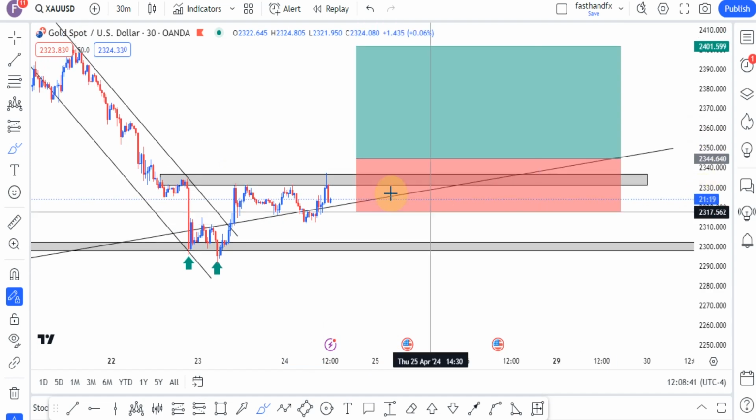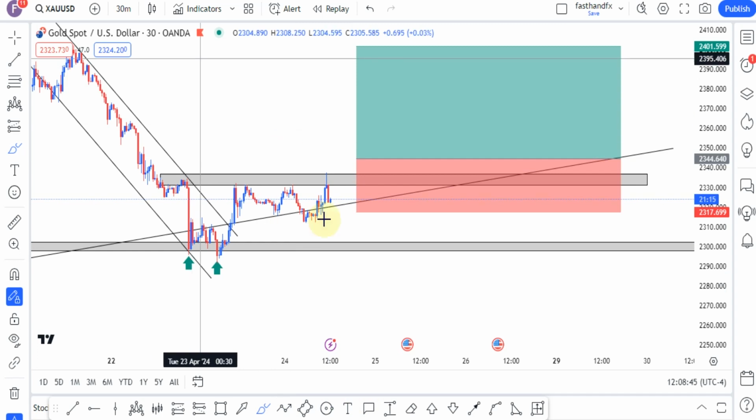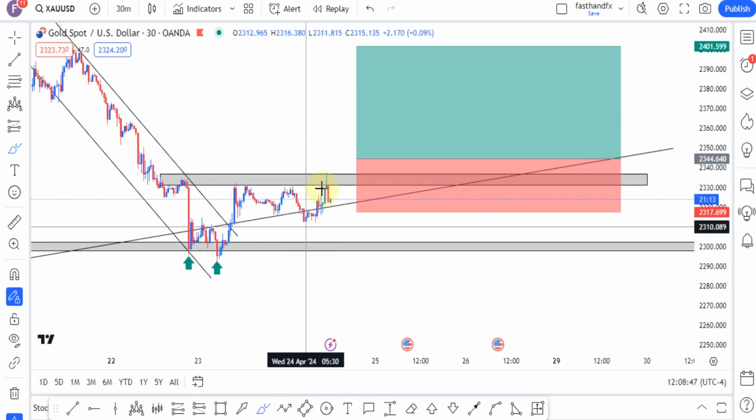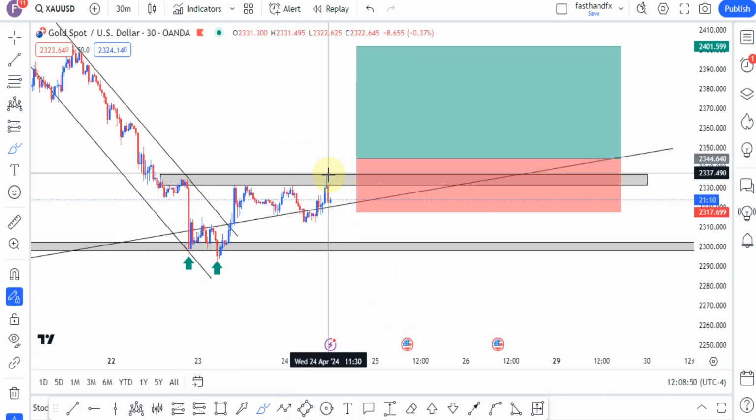So we'll wait for this 1 hour candlestick to close above this area.